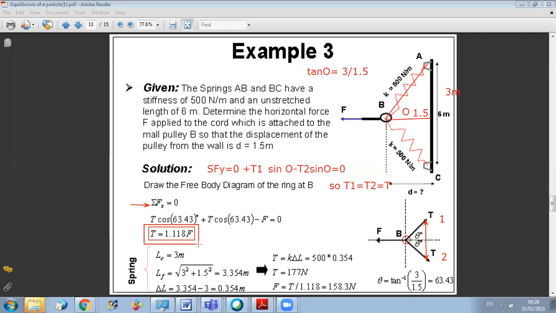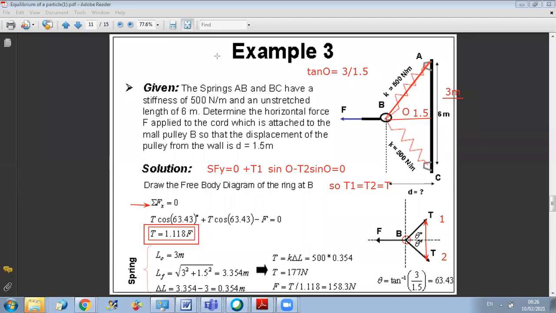T is the force developed by a spring, and in a spring the developed force is K times delta L. So all I have to find is the stretching of my spring. I know the unstretched length L0 equal to 3 meters, and I can calculate the final length of each spring using the Pythagorean theorem. In this right triangle, AB is the square root of 3 squared plus 1.5 squared.